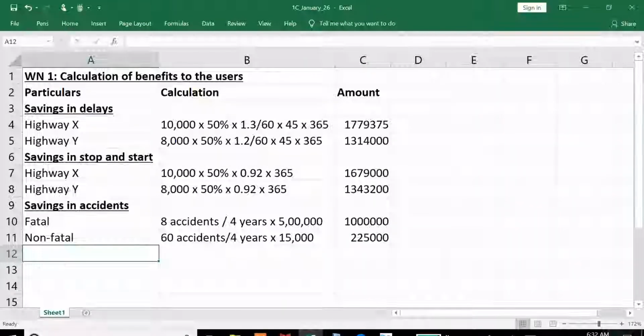That is as far as non-fatal is concerned. Fatal is 10 lakh savings and non-fatal is 2,25,000 saving. Fatal accidents we save 10 lakh rupees, non-fatal we save 2,25,000 rupees.